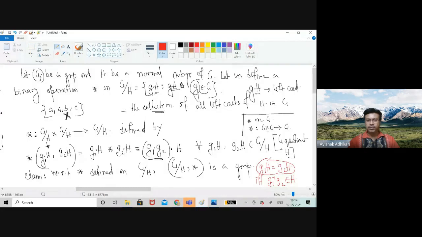Then if you define some function, you need to show that this function is well defined, unless you do so. Here the two sets may be the same, but after applying f, it may not give you f of G1H equal to f of G2H.